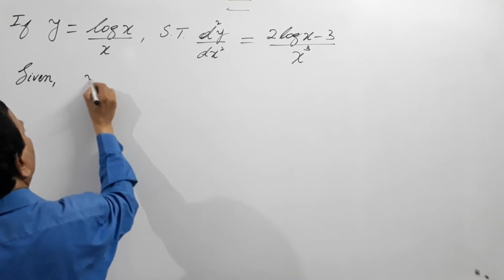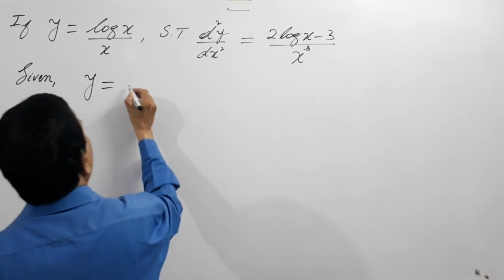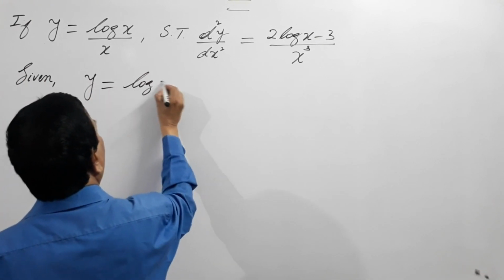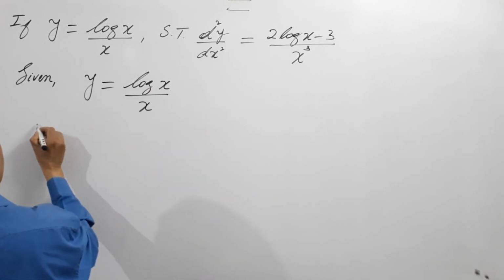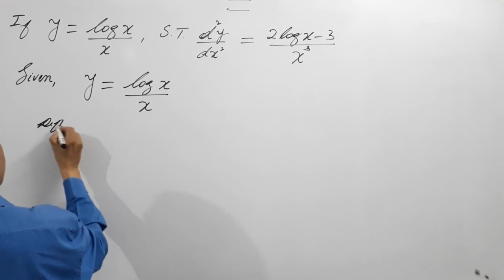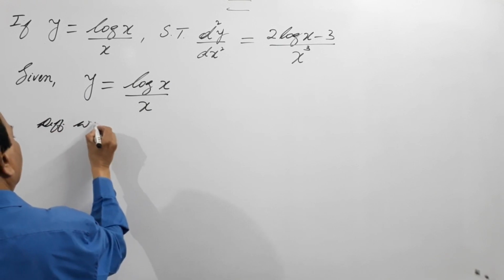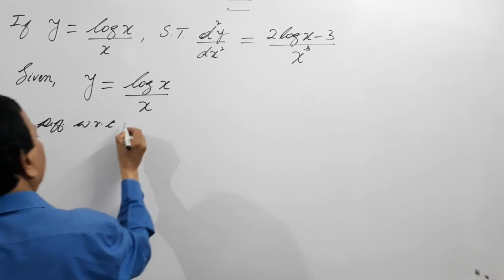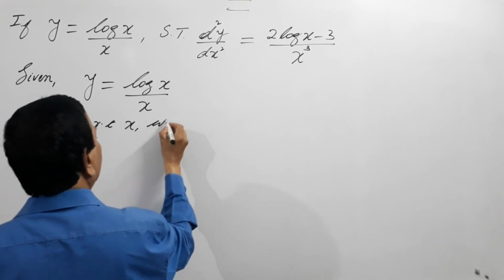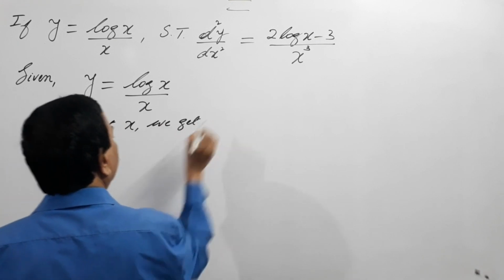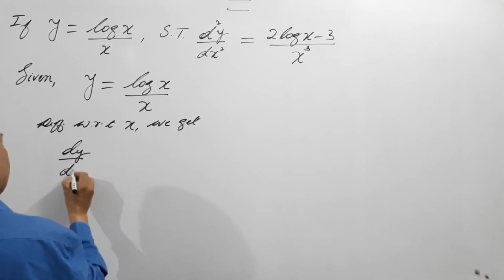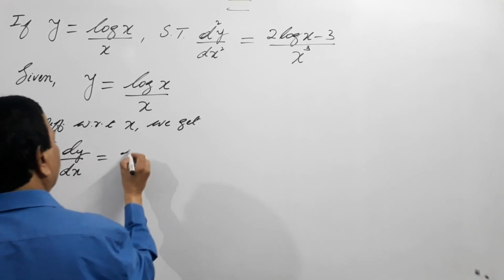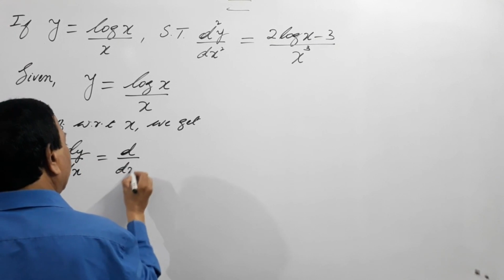Given y equals log x by x, differentiating with respect to x, we get dy by dx equals d by dx of log x by x.